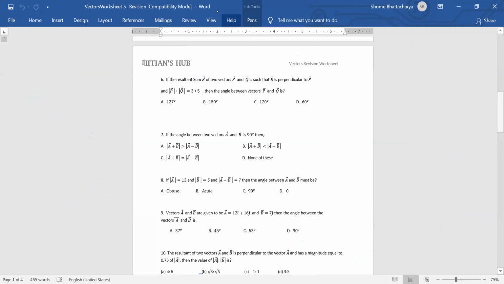So next up, on this page you do question number 6, question number 8, and question number 9. Try these three questions.